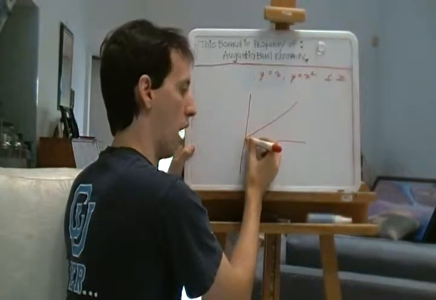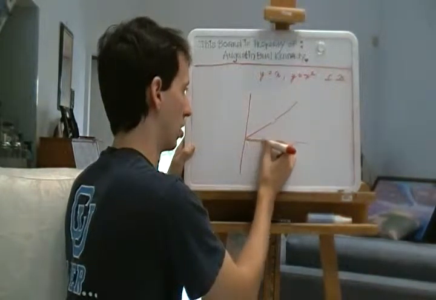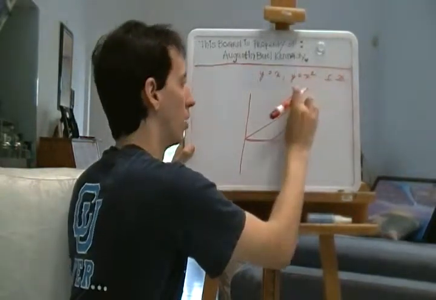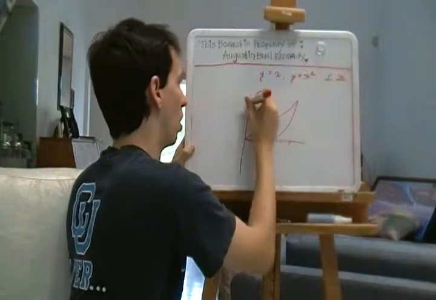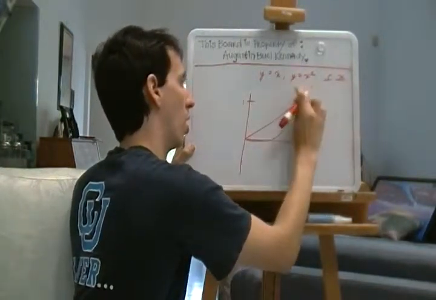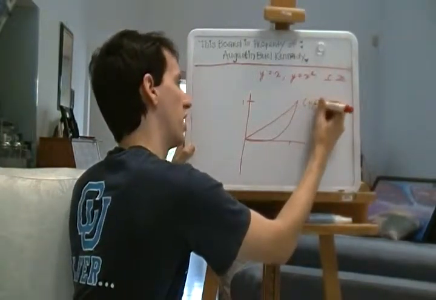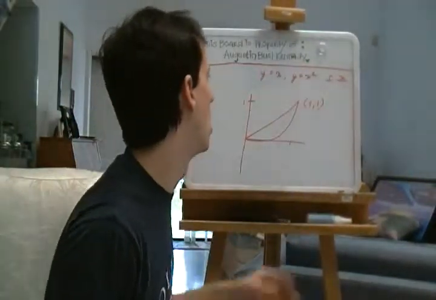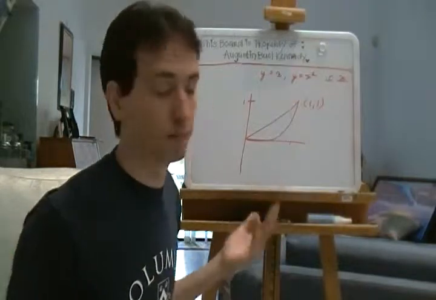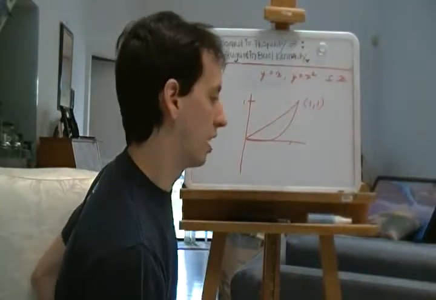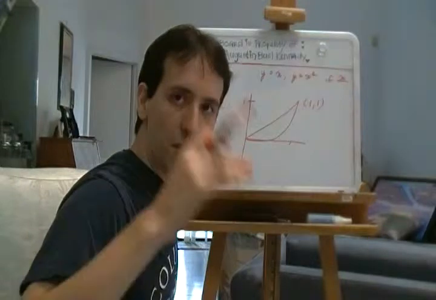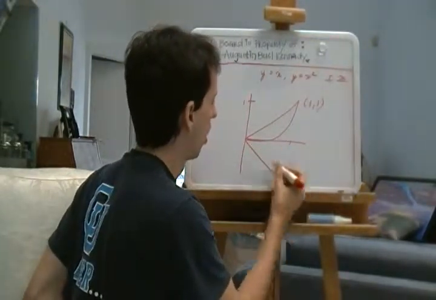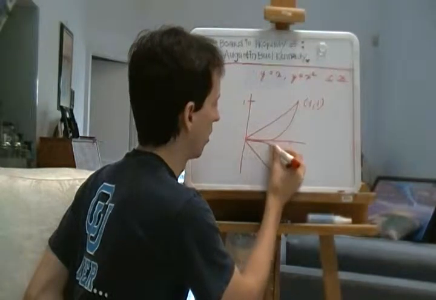We know y squared equals x. And we know that right here is the point 1, 1, because that's where they intersect. You can check it, or you can just remember that that's where they're going to intersect. 1 equals 1 squared. So they intersect there. Okay, that's great. Let's flip that around the x-axis. And all of a sudden, we get something kind of weird.